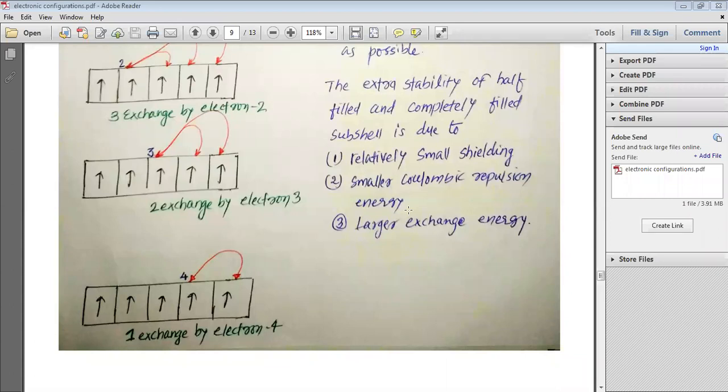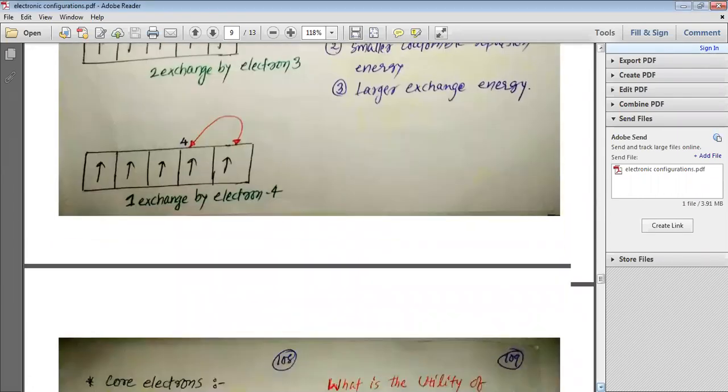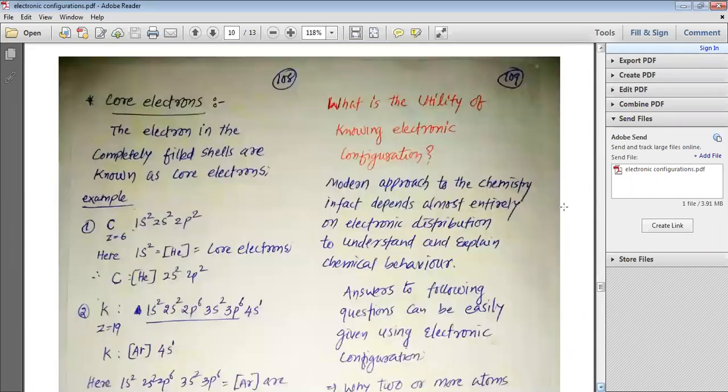If they are filled in the same orbital, they are nearer to each other and feel more Coulombic repulsion. And then we have the large exchange energy that we have studied, and this is how we can understand that completely filled and completely half filled electronic configurations are considered to be more stable.